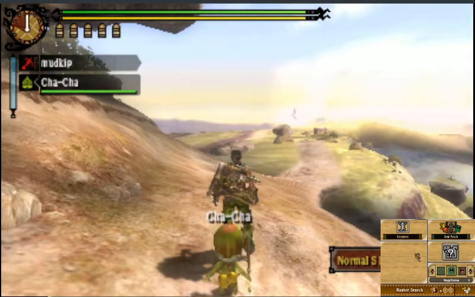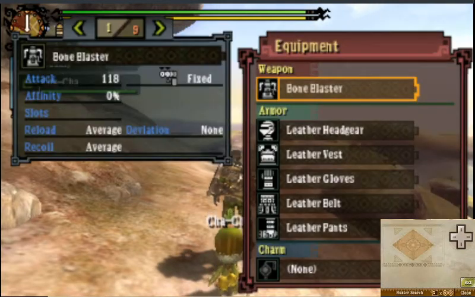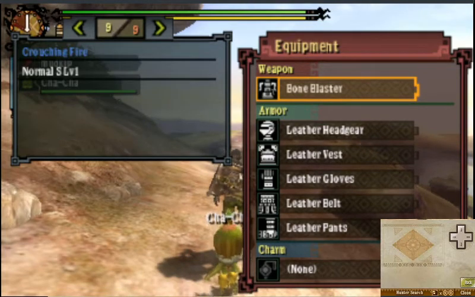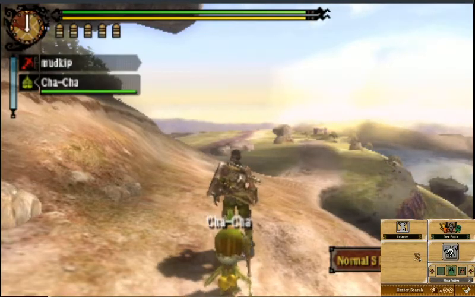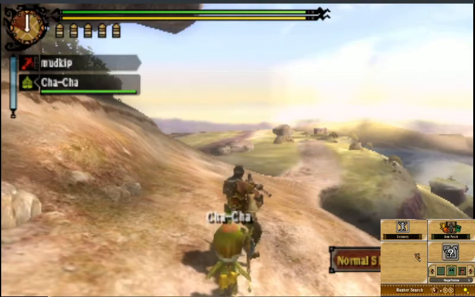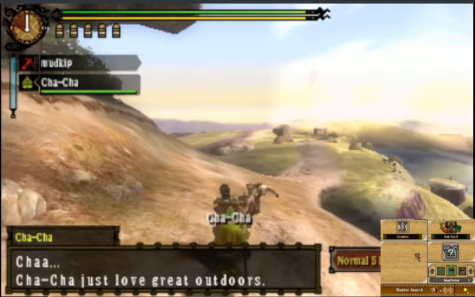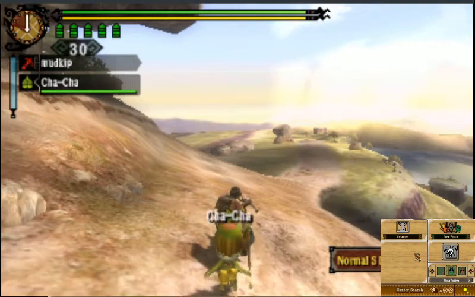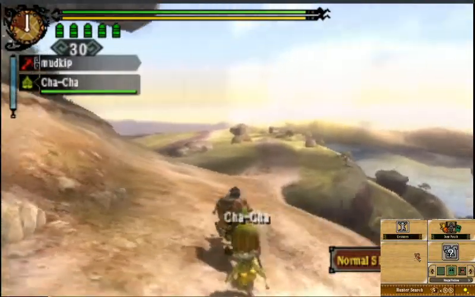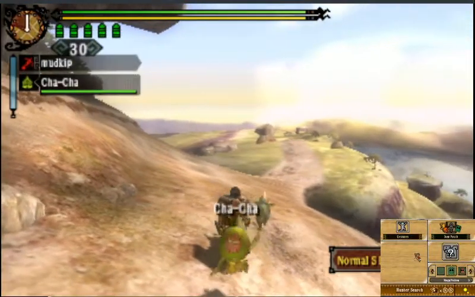Right, so here we are with the heavy bowgun, and let's just go through our equipment. On the last page, instead of the rapid fire of the light bowgun, a heavy bowgun will have crouching fire, and crouching fire is basically a mode where you can shoot a lot of shots without having to reload. So you can do that by having your weapon out and then pressing X and A together, and your hunter will kneel, and this is a crouching fire position.